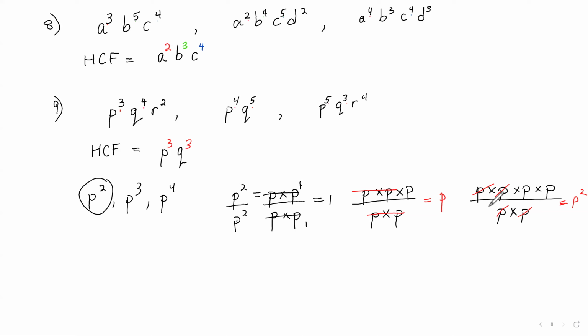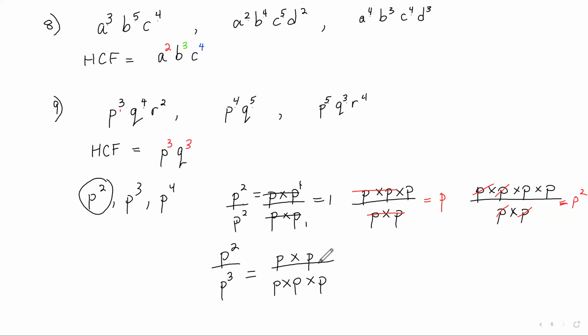But if I had mistakenly chosen p cubed, for instance, when I divide p squared by p cubed, p cubed does not completely go into p squared without leaving a remainder, because p squared is just p times p, and p cubed is p times p times p.